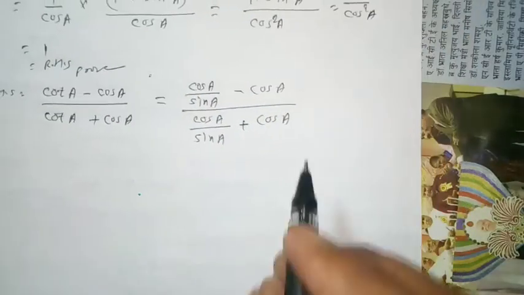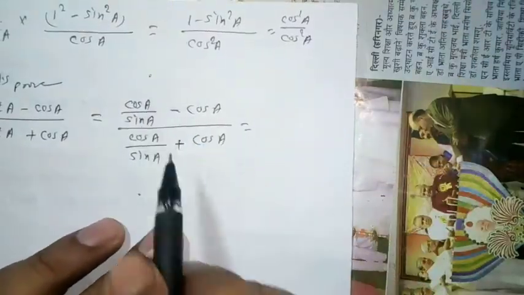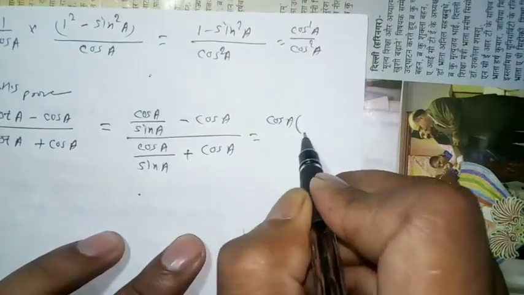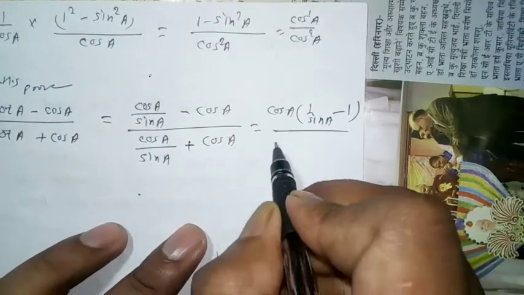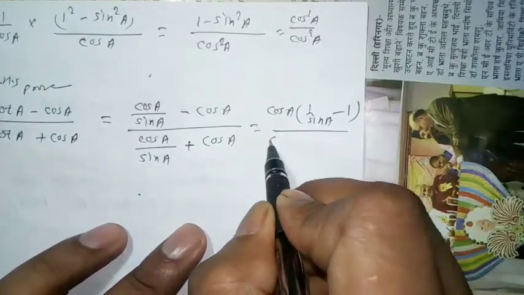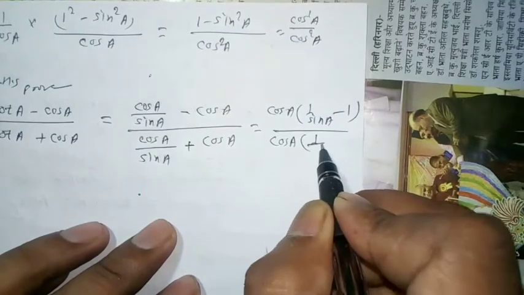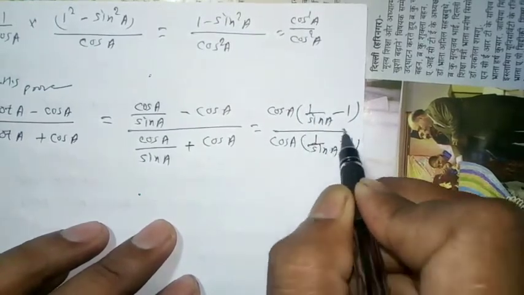Now cos A and cos A common. So cos A into 1 by sin A minus 1 by cos A into 1 by sin A plus 1.